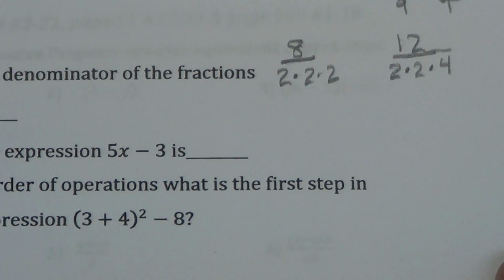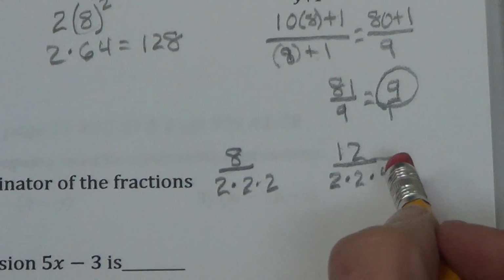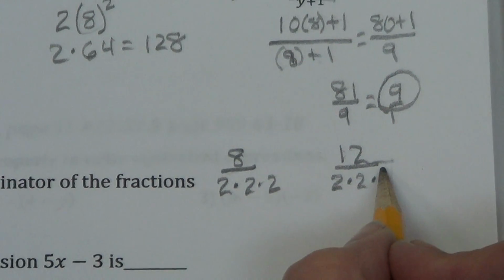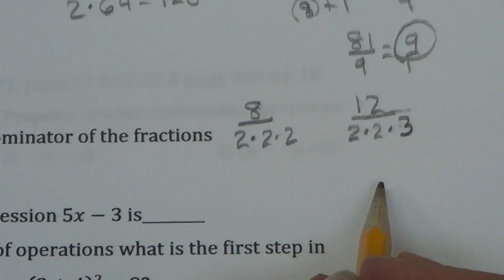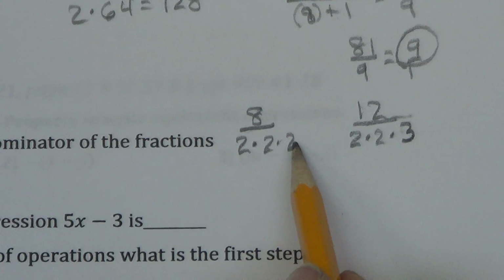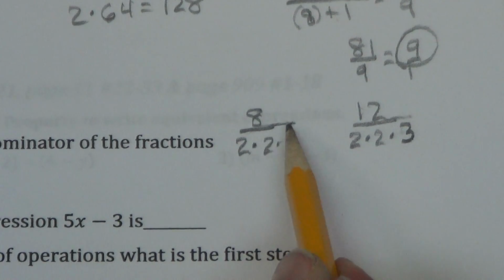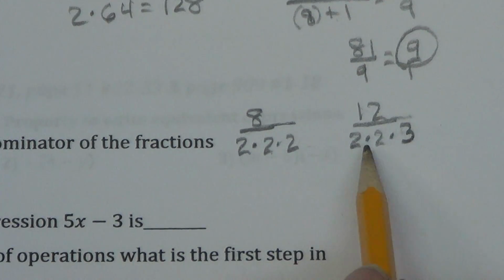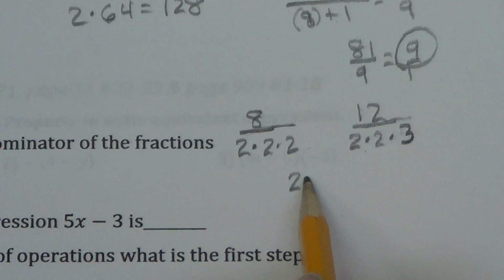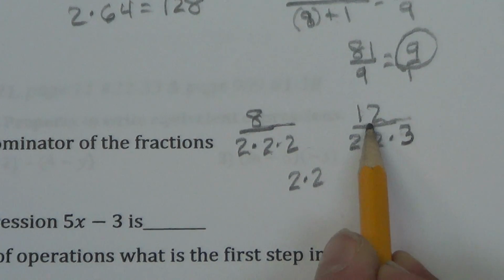And now we say, okay, I'm sorry, it's not 2 times 2 times 4, it's 2 times 2 times 3. Now, in order to find the lowest common denominator, we need to list the greatest number of factors that occurs in either one. So we would have 2 times 2, that occurs in both.